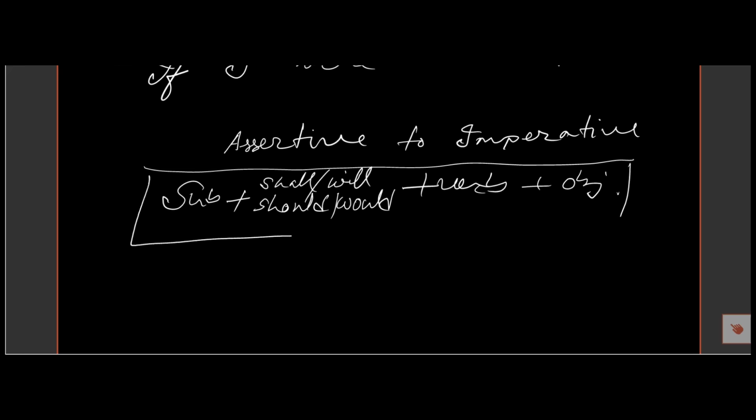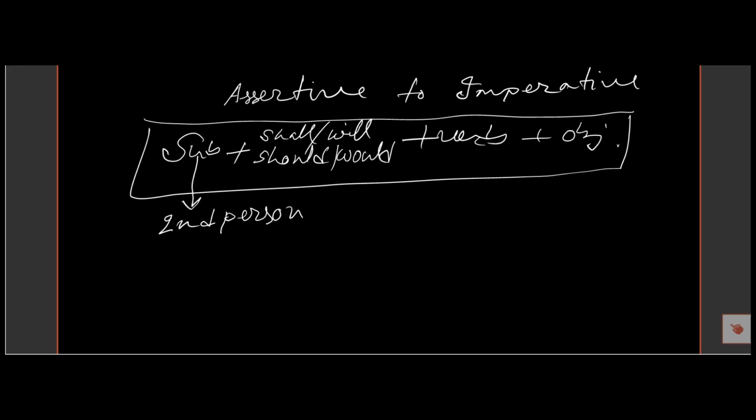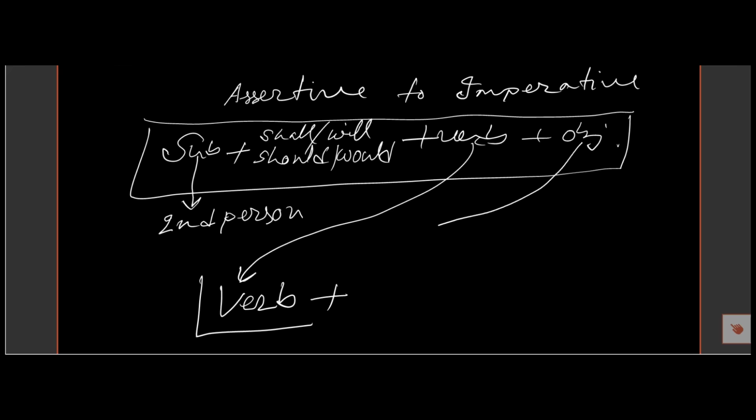In that case, for the imperative sentence, if the subject is second person, then we must begin the imperative sentence with the main verb, and then object.